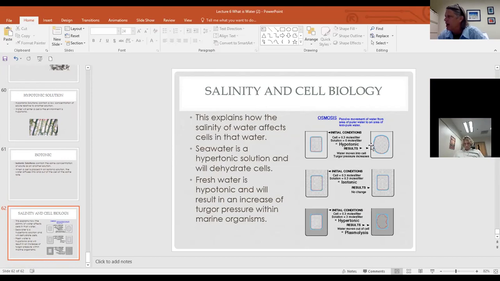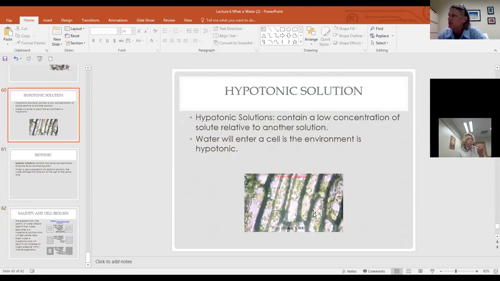Notice this cell swelling up because there's more salts in the cell than the water, and the water enters the cell. This is shriveling because water's exiting the cell because there's more salt in the water around it. Just like the pictures here.